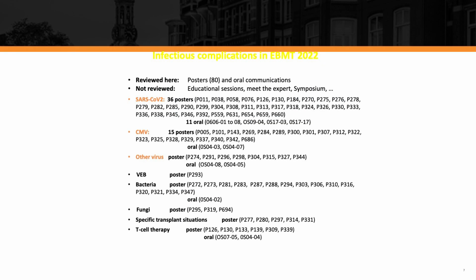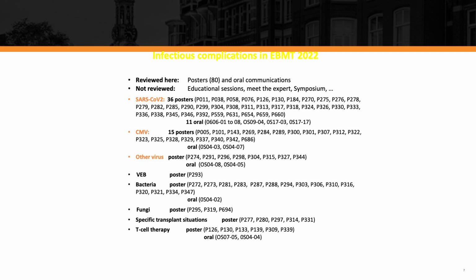Here is a summary of all the infectious complication abstracts sent to the 2022 Congress. As you can see, virus was the most frequent topic, with more than 70% of all the abstracts related to virus. A few are related to bacteria, and even fewer to fungi. SARS-CoV-2 represents more than 50% of all the abstracts sent to the Congress.